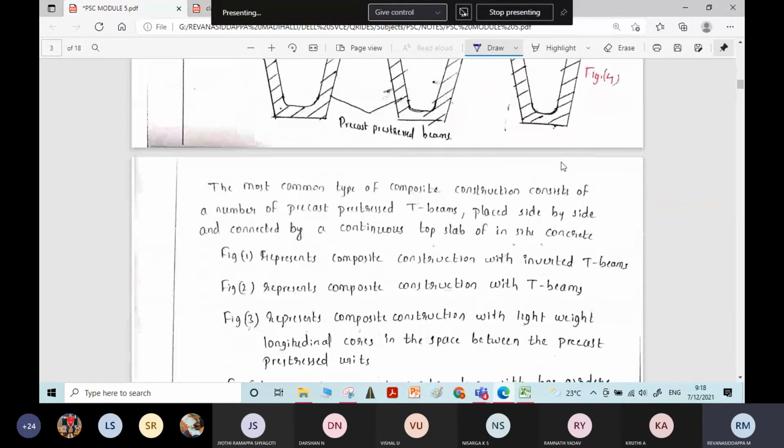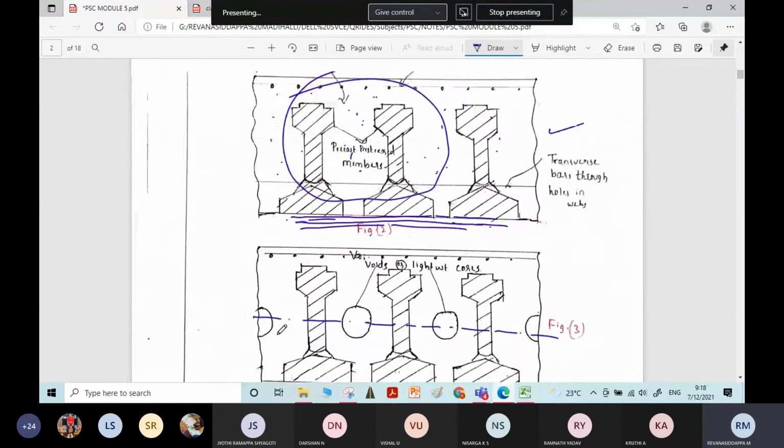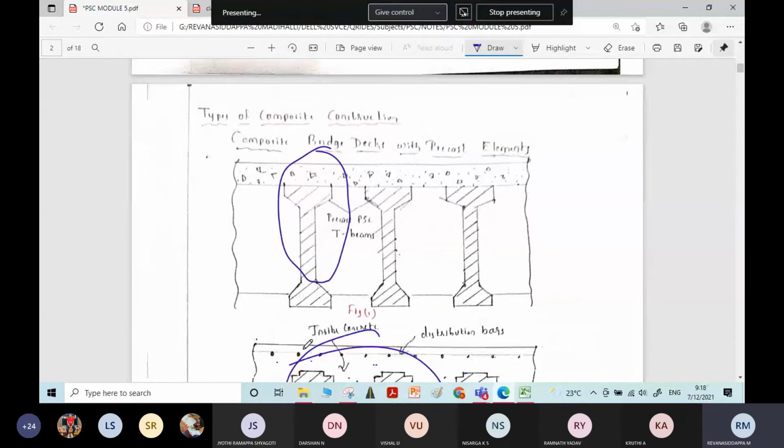Then the next type of construction is unpropped construction. In case of unpropped construction, these precast elements will be designed in such a way that they will resist the placing of cast in situ concrete, the placing of the formwork, and the labor's load. The construction loads mean the load of the formwork, the weight of the labors and the equipment, all those things.